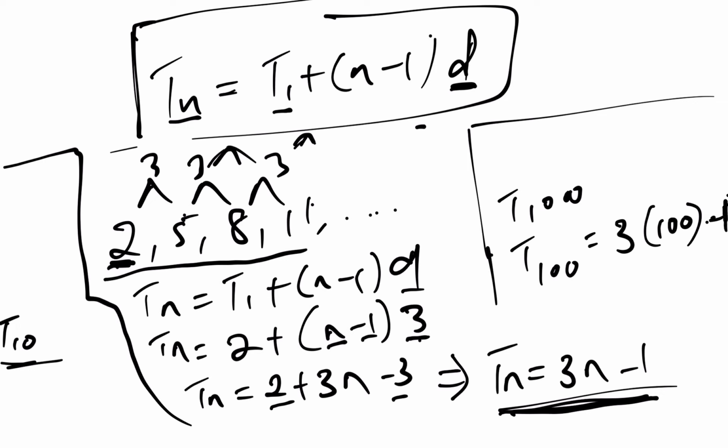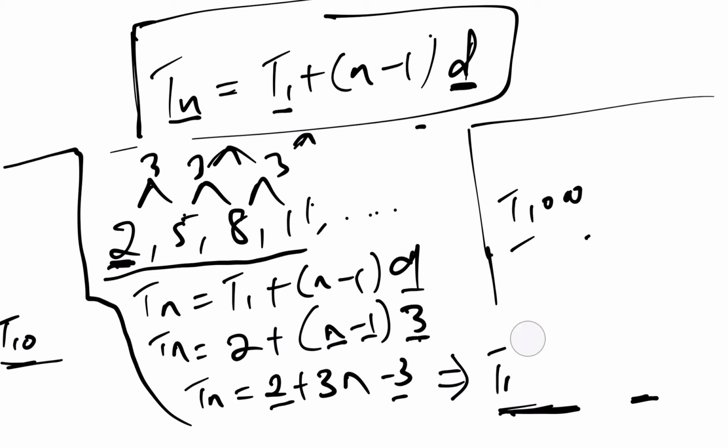So term number 100 is equal to 3 times 100, that's 300, minus 1, that's 299. So you can easily see that we found our answer in a few seconds compared to trying to use the first method that I showed you. So that's the reason for using the general formula instead of doing it the hard way.